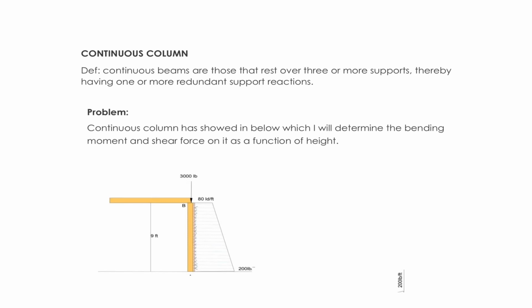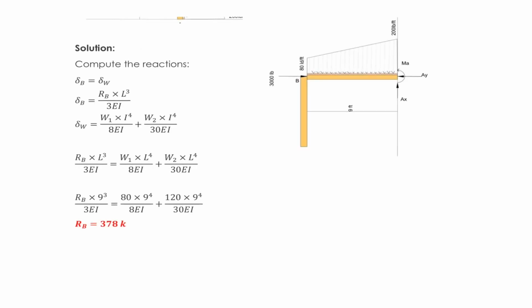So we come up with this diagram acting with 80 pounds per feet and 200 pounds per feet on section A.